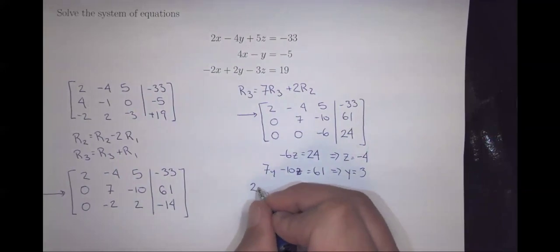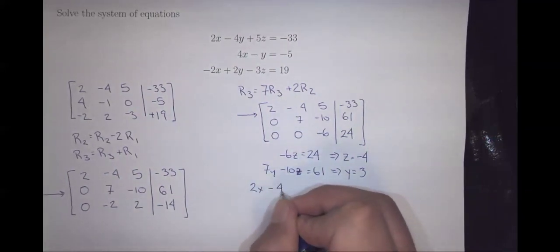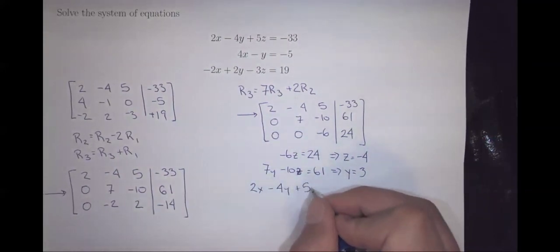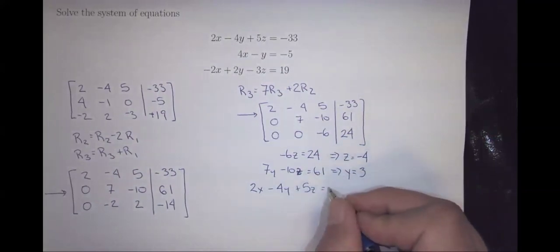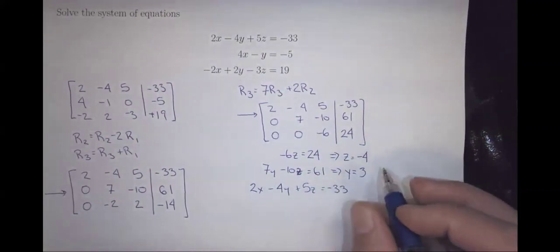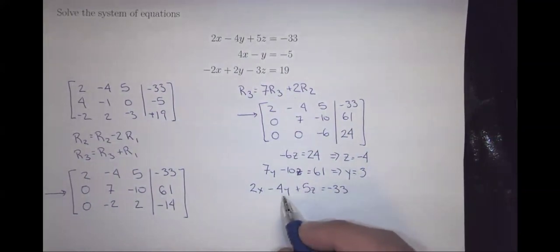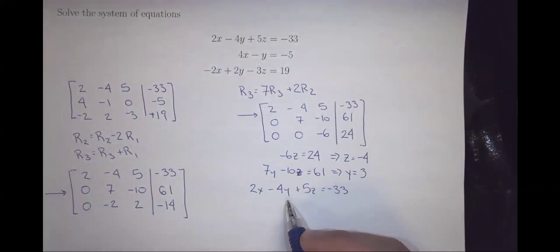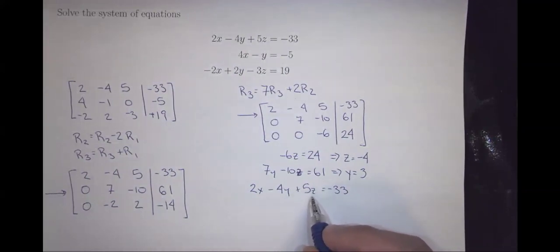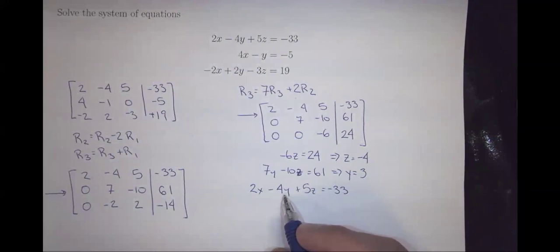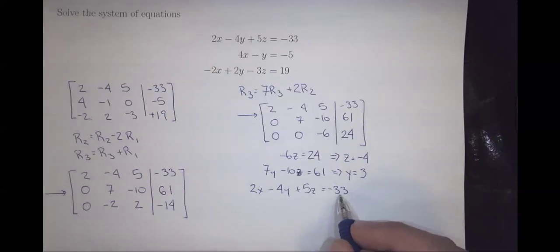And then we get 2x minus 4y plus 5z equals negative 33. And we plug in negative 4 for z and positive 3 for y. So that gives us negative 20 and a negative 12, so negative 32, which we bring over here as a positive.